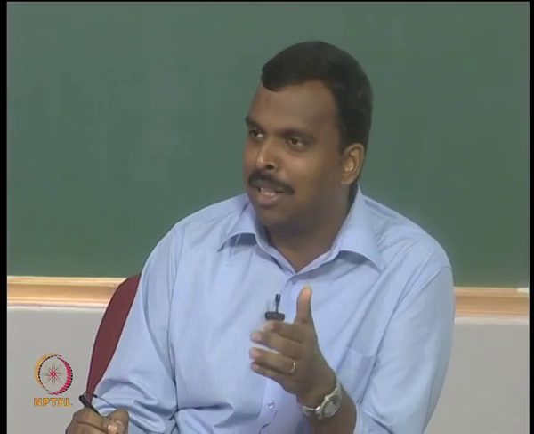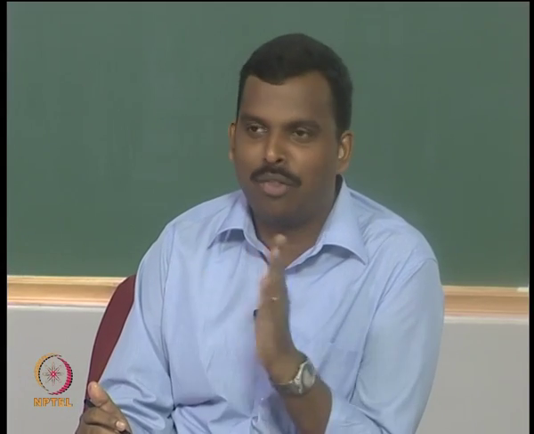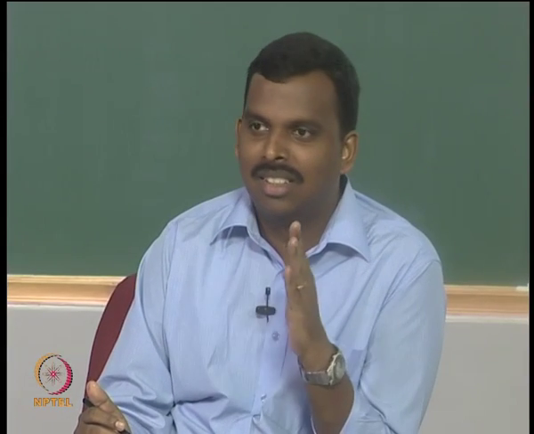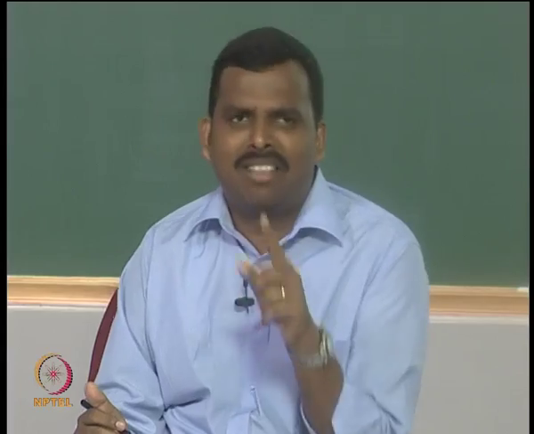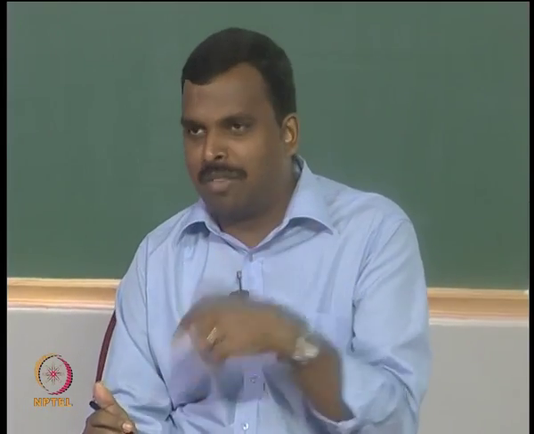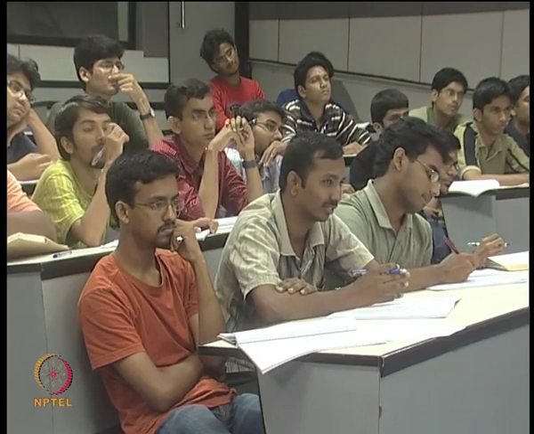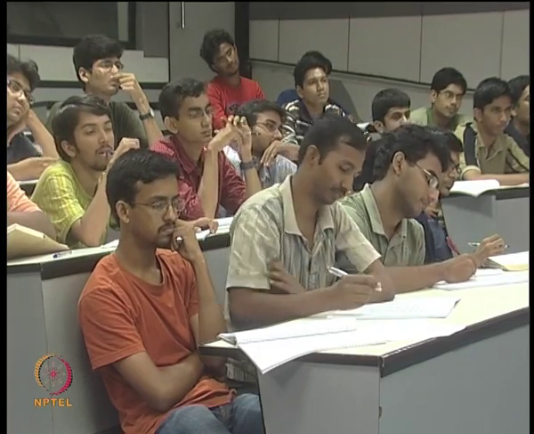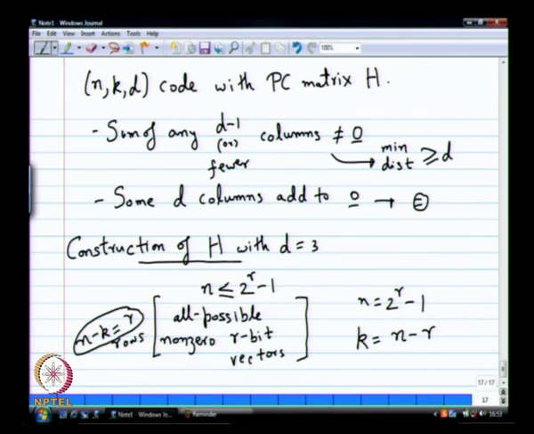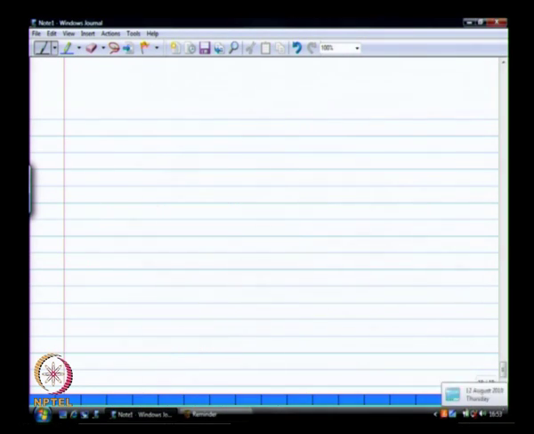In particular, what vectors would I have put in the matrix? So, 1 0 0, 0 1 0, and so on. Those will clearly be linearly independent. So the rank will be equal to r. You can argue k will be n minus r. Okay, so let us see a quick example. Maybe at that point you will see what I mean by this. Now let me introduce the 7 4 3 Hamming code.